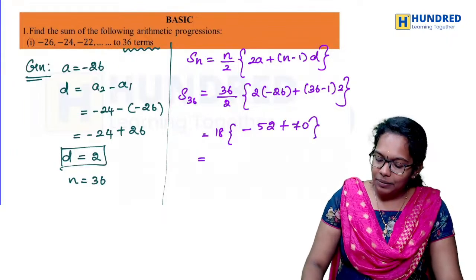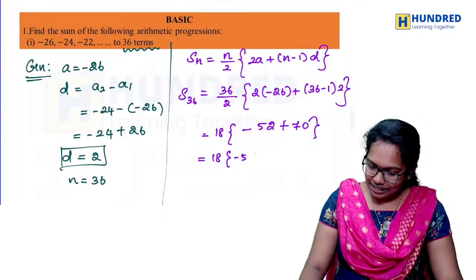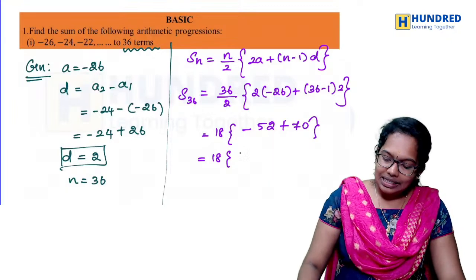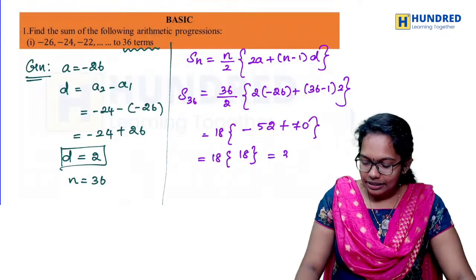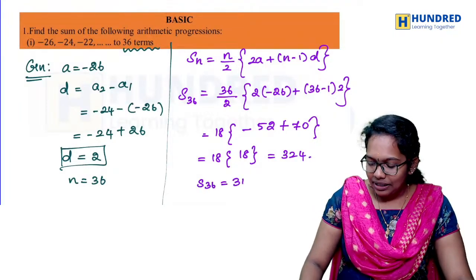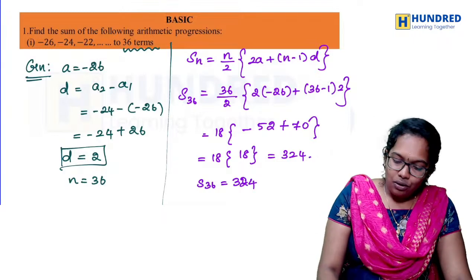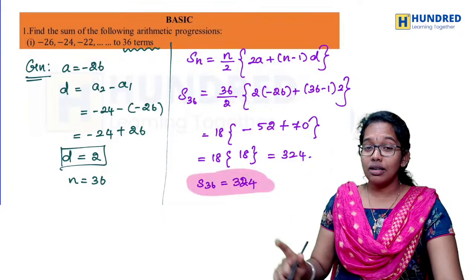So it is going to be 18 into minus 52 plus 70. If you add these two, you will get 18 as the value. So 18 18s, what is the answer? It is 324. So if you add all 36 terms, 324 will be your answer. That's it. This is your first question.